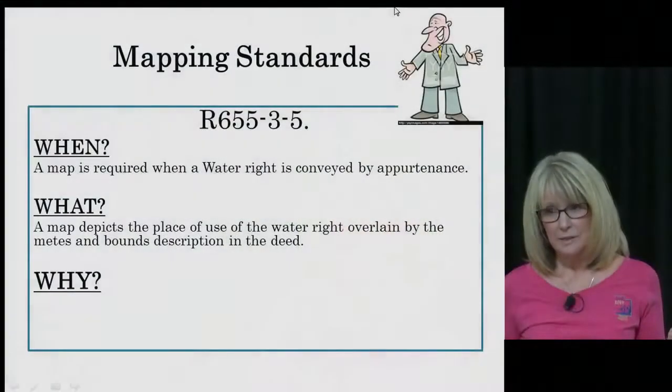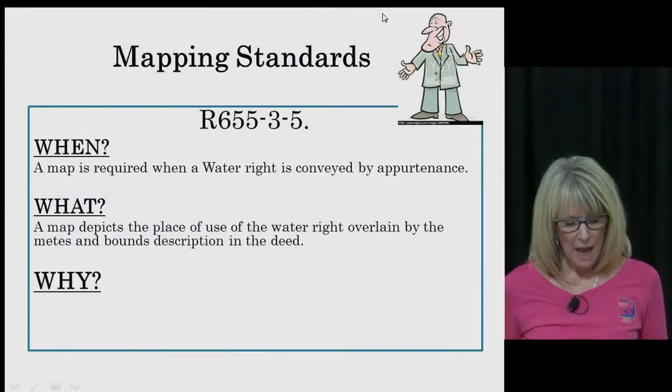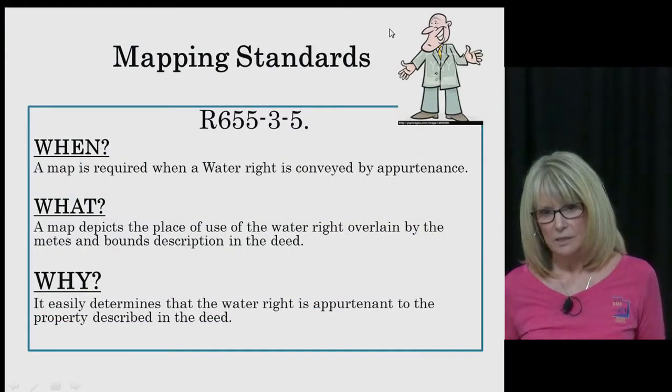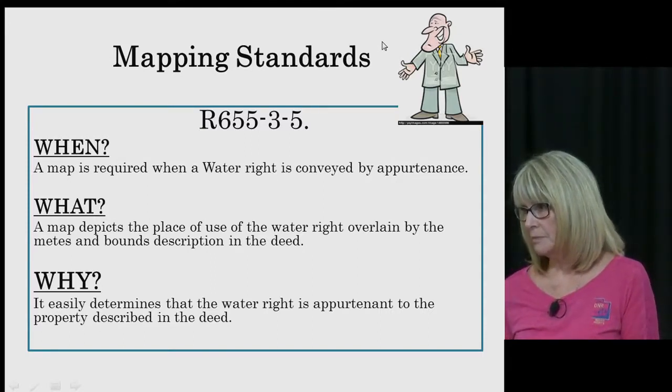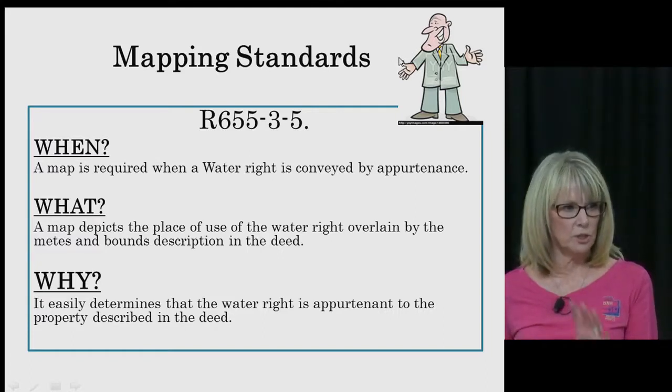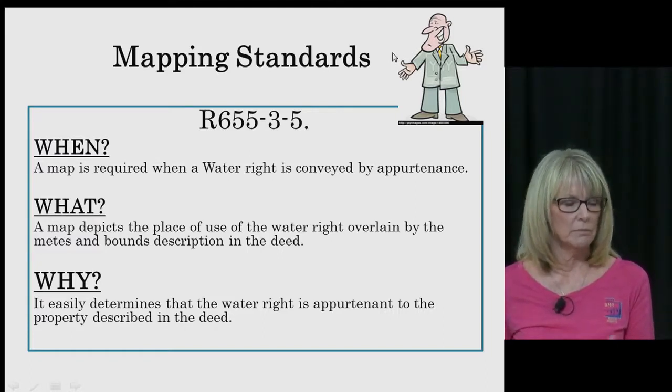And that way then you won't have your work sent back to you asking for better maps. So, again, why is a map important? The map is important because it does easily determine that the water right is appurtenant to that property described in the deed.